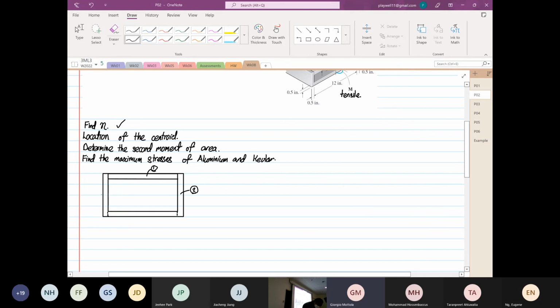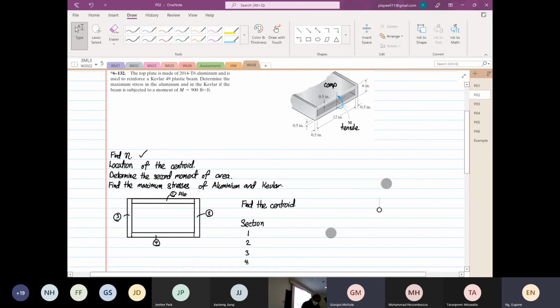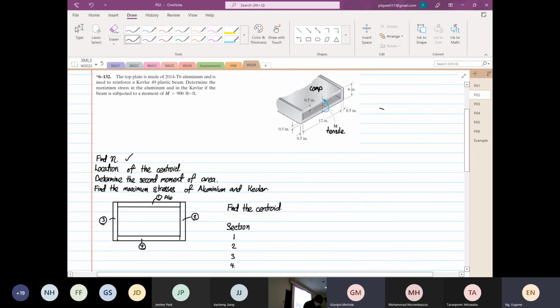Section 2, 3, and 4. And section 1, I'll just label it as aluminum. I know that is aluminum. So we're going to find the centroid. So we have sections 1, 2, 3, and 4. And I will come back up here. I should have done this earlier, which I did not do. Apologize. I will call this our X.